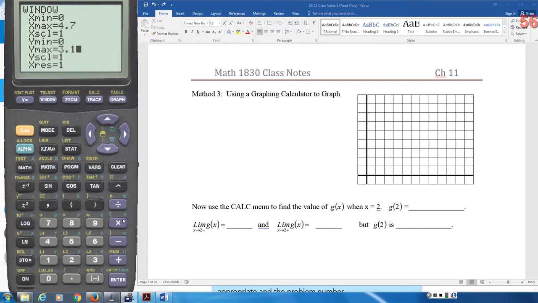I want to make this go up a little higher, like times 3, because 3.1 times 3 will give me something more than 9. And 3 squared is 9, and 3 is the next whole number after 2. So I'm going to multiply that by 3. When I do that, it multiplies right there on the screen for me. So that's a good thing to know. And now I'm going to hit graph.